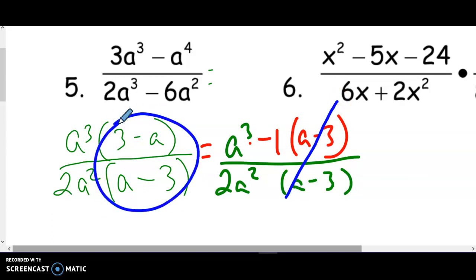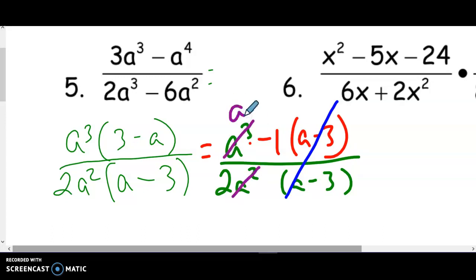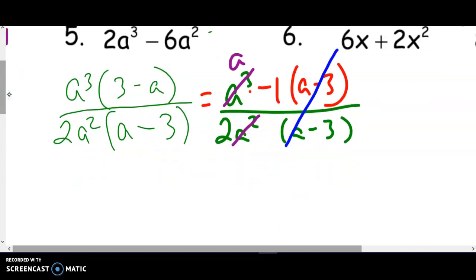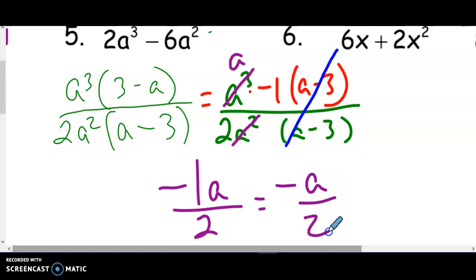You have to factor out the negative 1. What else will cancel at this point? A squared will cancel with 2 of those, leaving just a. So final answer will be negative 1a over 2, which you would see negative a over 2. That 1 does not have to be written. And that's number 5.